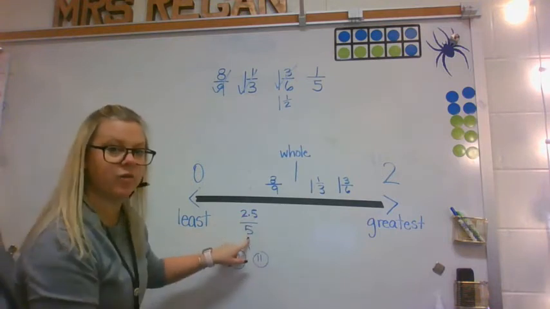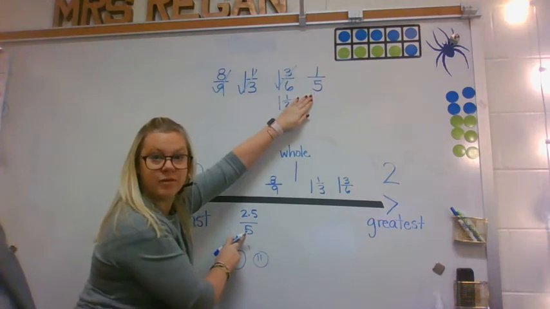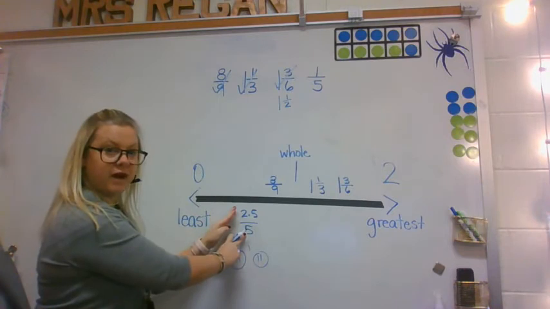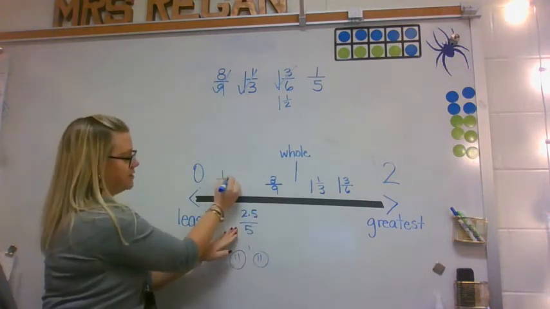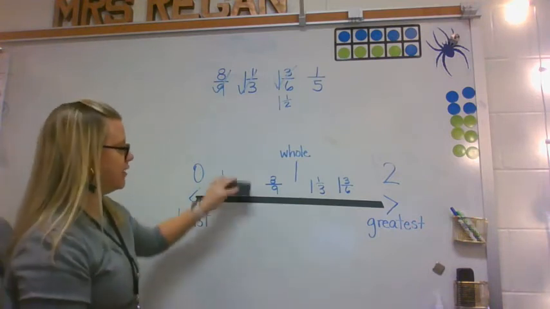So if this is halfway, how does that help me figure out where to put my 1/5? Is 1/5 less than that 2.5, or is it more than my 2.5? That's right, 1/5 is less than that. So it goes all the way down there.